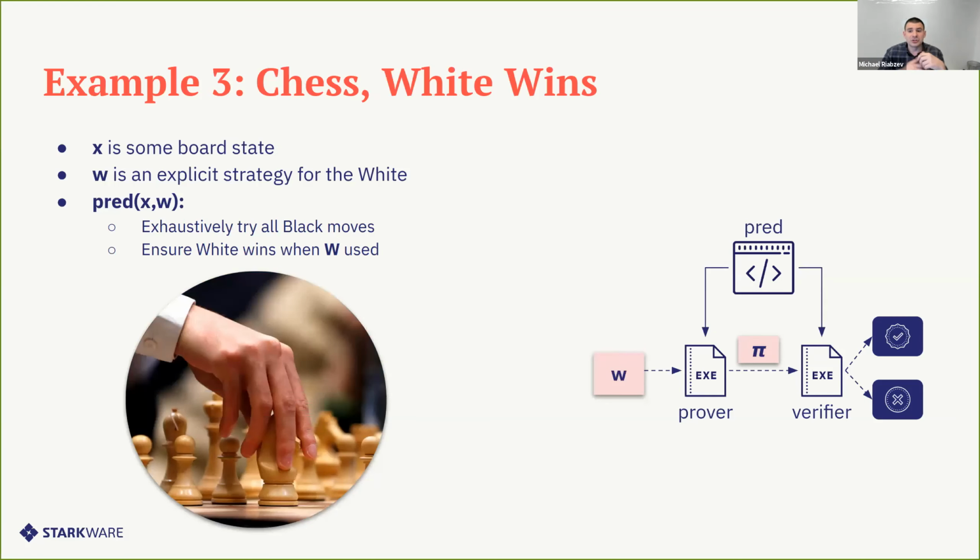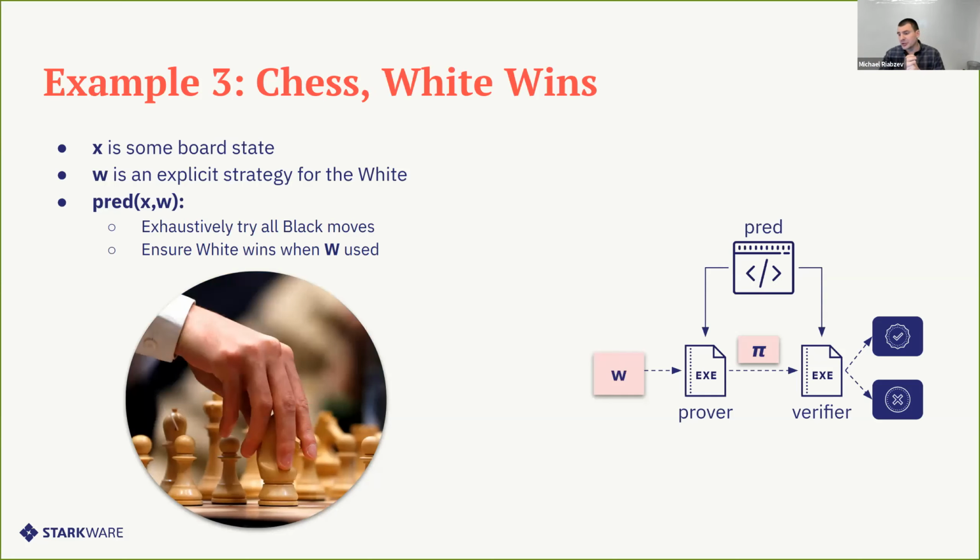Another more general example, something a bit different from the previous examples, is chess. Let's assume that X is some state of a chessboard, and what the prover wants to show is that white always wins. White always has a strategy to win.